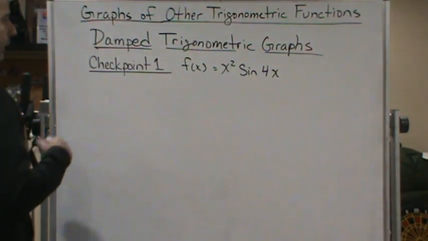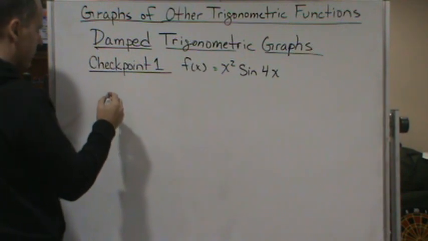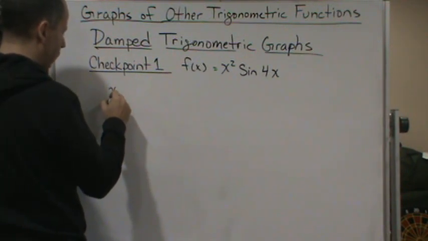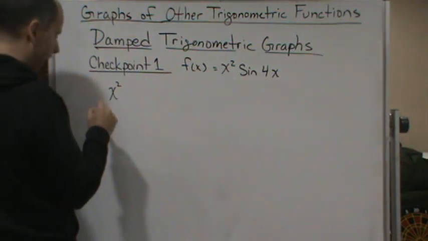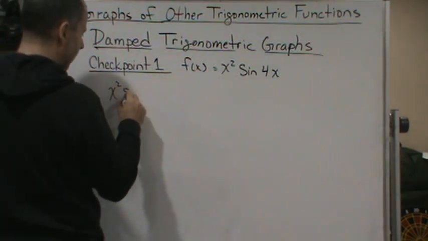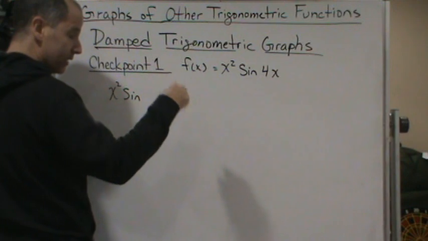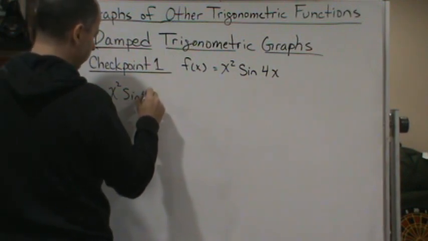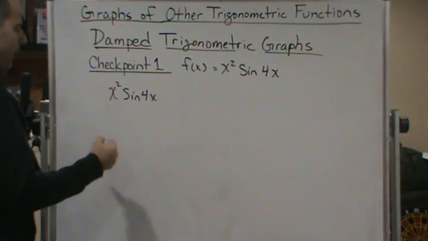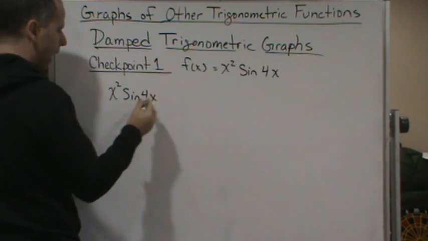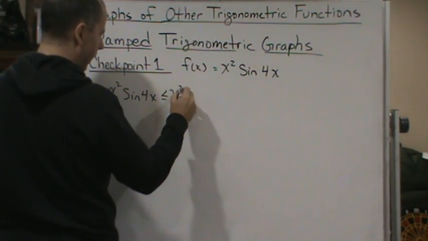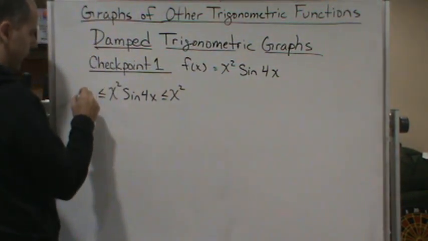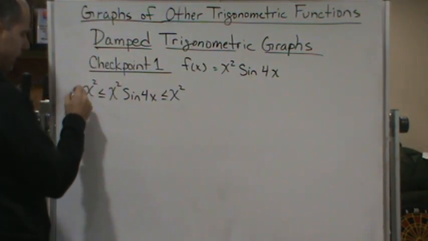It's always non-negative, right? And then we've got sine of 4x, which bounces between 1 and -1, right? So based on the behavior of these two graphs, this is going to bounce between x squared and the opposite of x squared, or negative x squared.